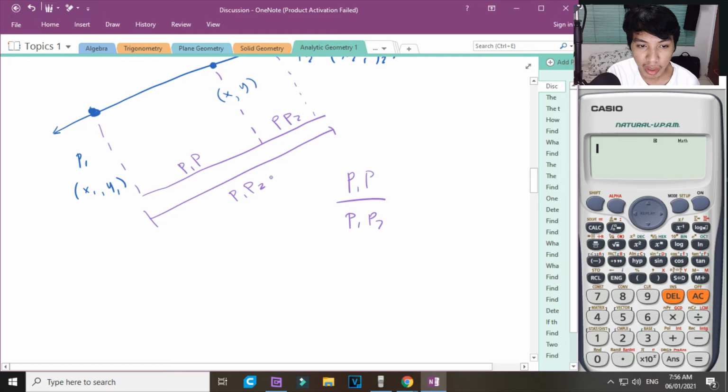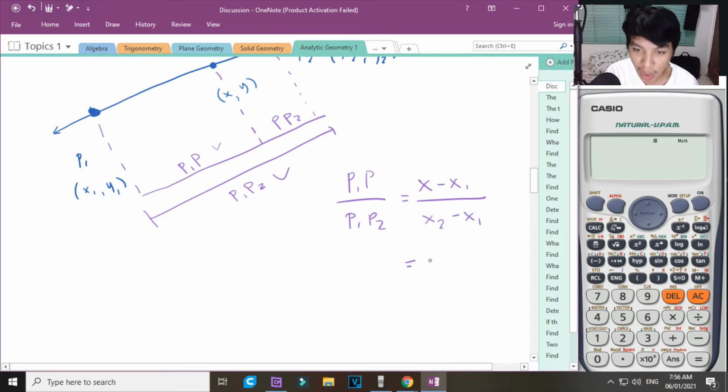Alam mo yung length nito, pero meron kayo nahanap, okay? Nahanap mo yung coordinates. Pwede mo namang gamitin yung length nito, syempre from x1 to x, di x minus x sub 1. Yung length ulit nito, yung dulo to dulo, o di x sub 2 minus x sub 1.